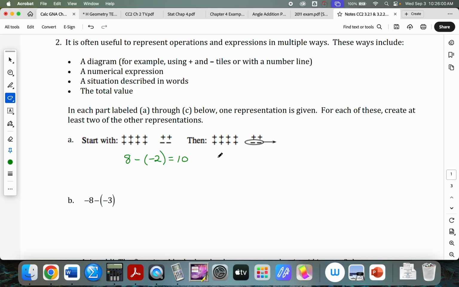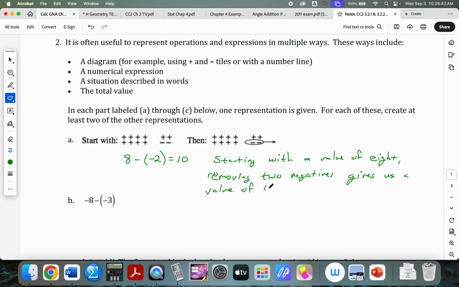So in words, we could say something like this: starting with a value of 8, removing 2 negatives, gives us a value of 10.